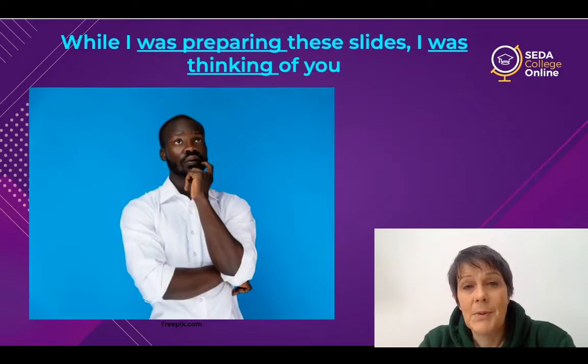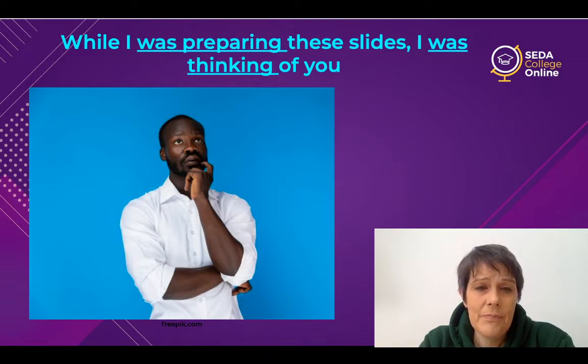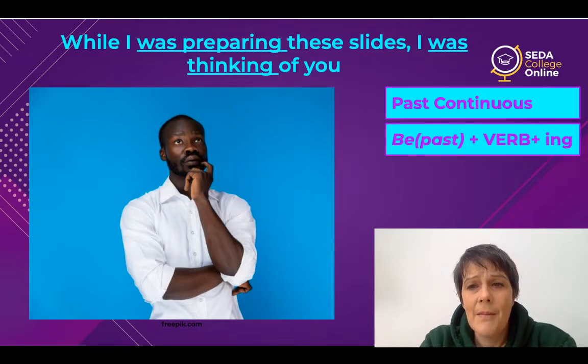So while I was preparing these slides, I was thinking of you. I was preparing these slides, which took a specific amount of time that didn't go on and on and on. And I was thinking of you, that was contemporaneous. So I was doing these two activities at the same time. That's why they're both in past continuous form.